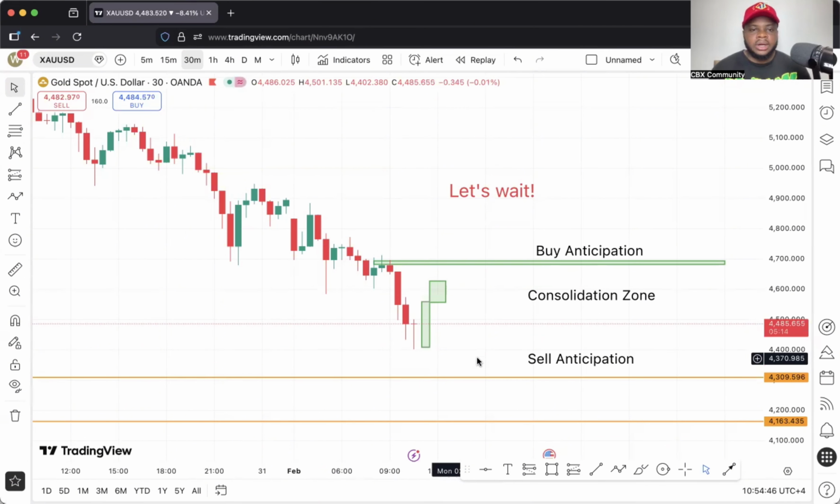In the next 5 minutes, we'll be able to tell if we need to identify this zone as our support zone. So let's see what the candle wants to do.